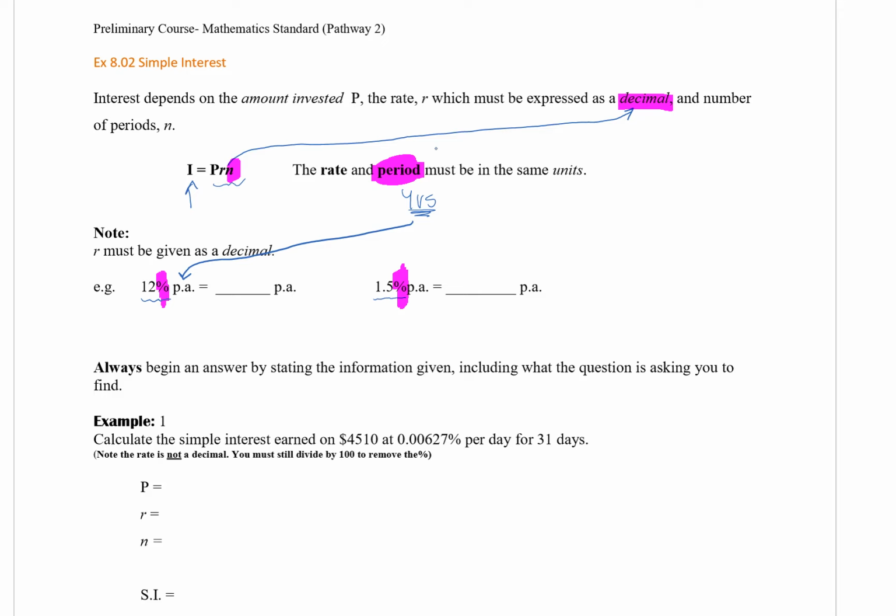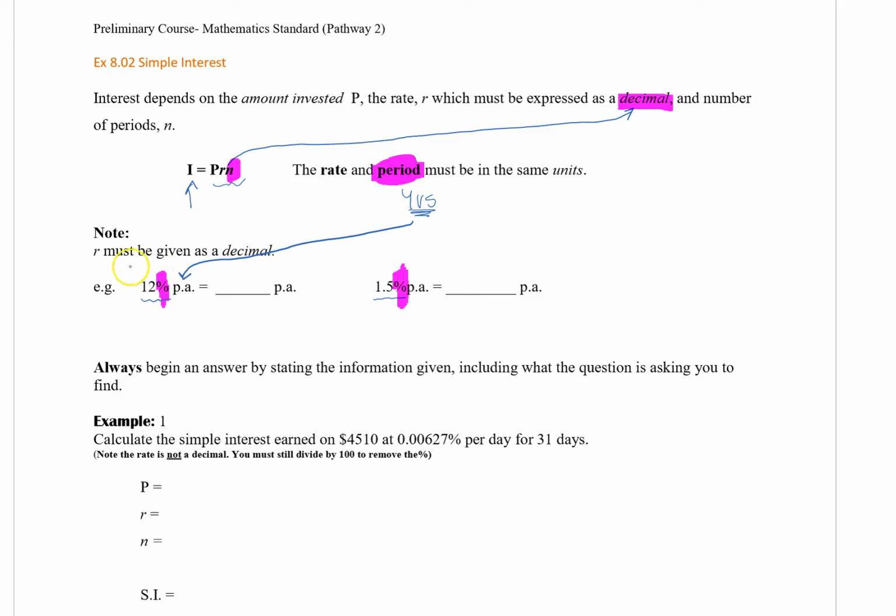So your rate might be given in years, your time or your period might be given in months. You might adjust your months and express it in terms of years. So this does get a little bit messy, and there's a lot for you to concentrate on now and a lot for you to learn now. This is the time for learning it.